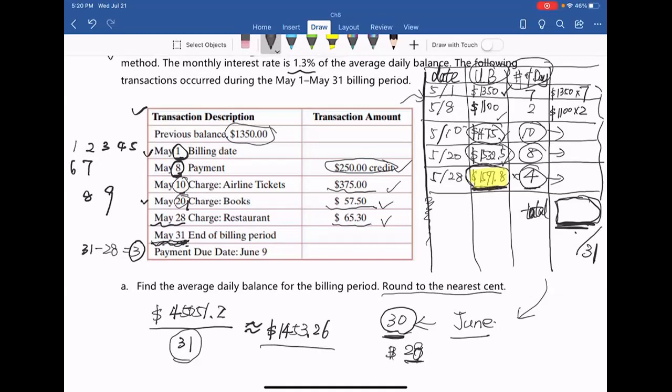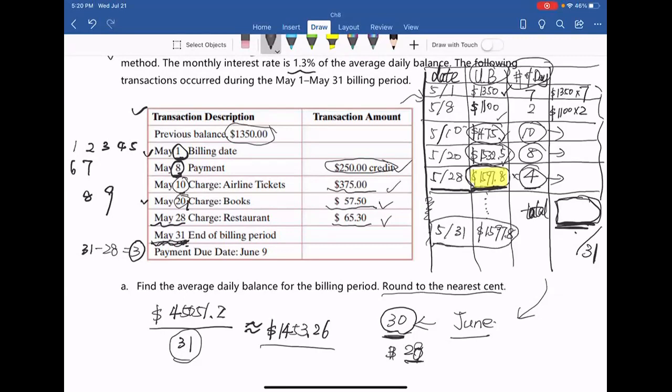Oh, sorry, 1597.8. So this amount, because from May 28th, the unpaid balance didn't change. So the following days, the unpaid balance is still 1597.8.